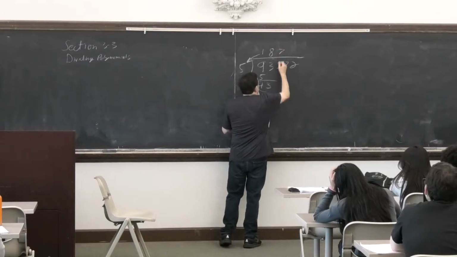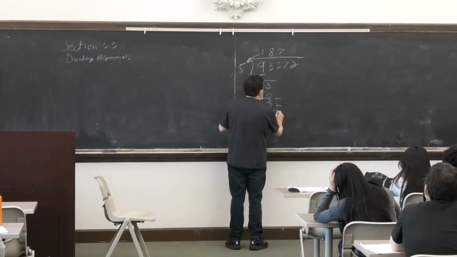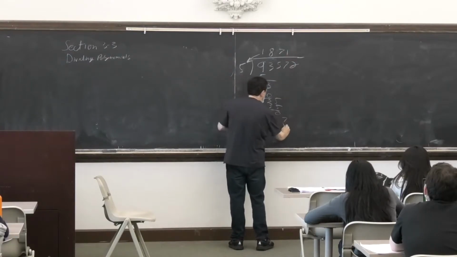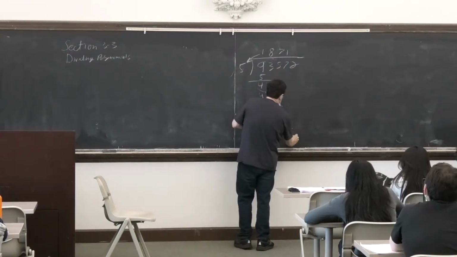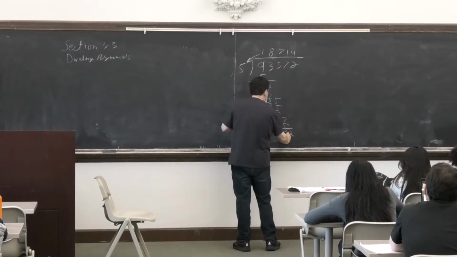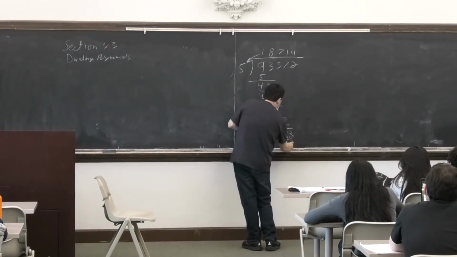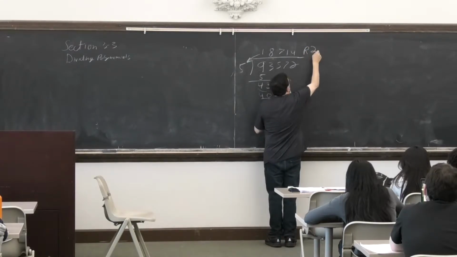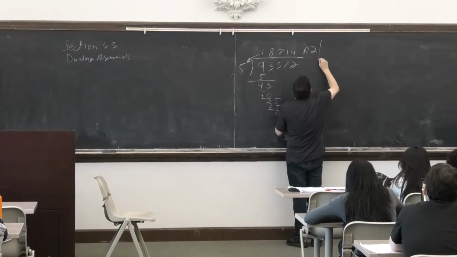Look back to 7. Bring down 7. And we're almost done. We have now at the bottom 2, which we can either write remainder 2, or we could write that as 2/5.